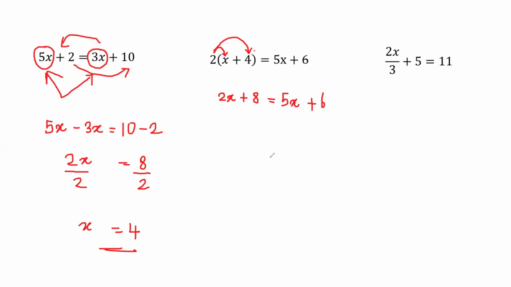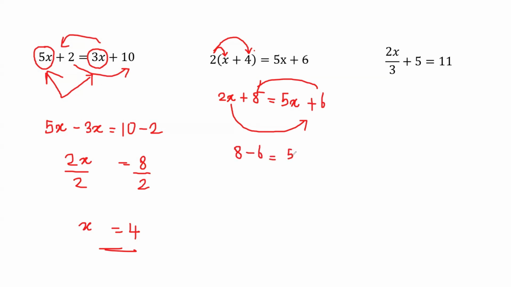Now what we can do is take the x on one side and the numbers on the other side. We will send the 2x here and we will take the 6 here. When we send the 2x here, 8 is there, this gets minus.